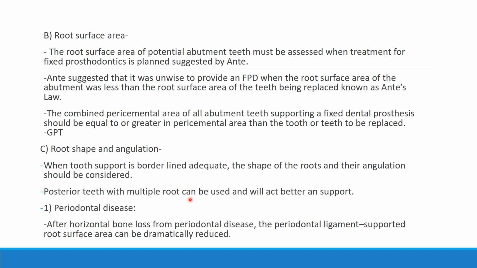Posterior teeth with multiple roots can be used and will act with better support than single-rooted teeth. So coming to periodontal diseases, after horizontal bone loss, the periodontal ligament supported root surface area will be drastically reduced.